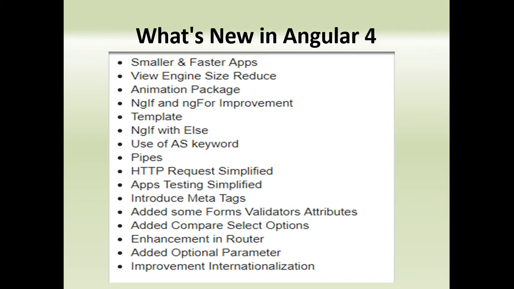Okay guys, in the sense of version, you can see I'm using Angular 1, Angular 2, and Angular 4. But what is the exact meaning? If you are using Angular 1, we can say it's AngularJS.